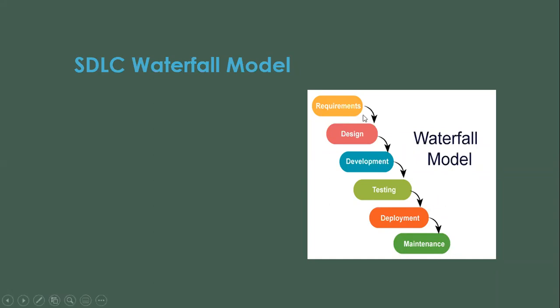So the first thing you do, as I've said initially, is requirement, design, development, testing, deployment, maintenance. In waterfall, the concept is this. Requirement gathering, number 1, is done by the business analyst.